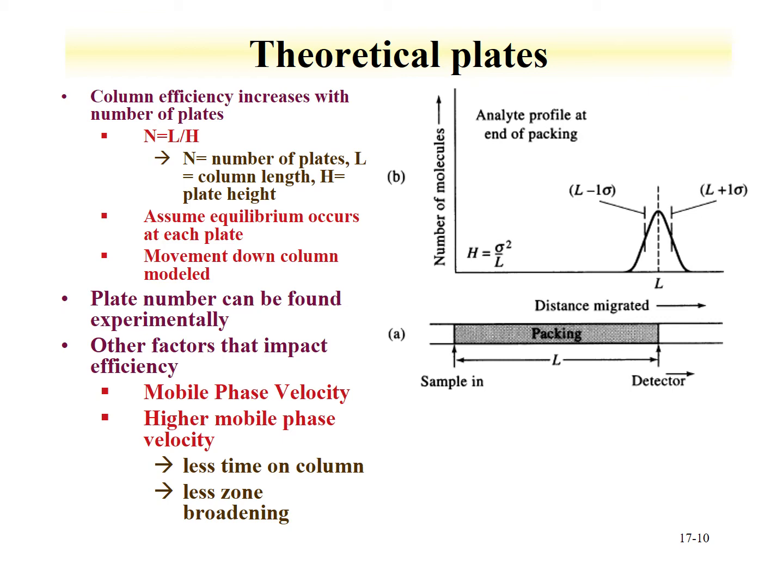And this can be thought of as doing that separation numerous times. There's a way to determine theoretical plates on a column, in other words, how effective a column is for a separation, from this equation here, where n is the number of theoretical plates, L is the length of the column, and H is the plate height.